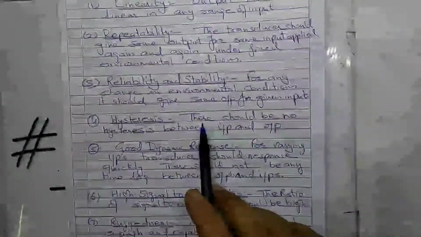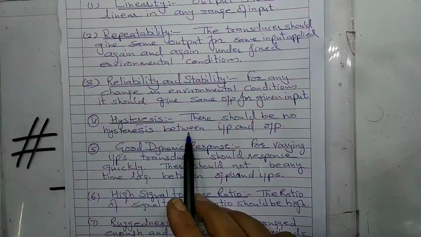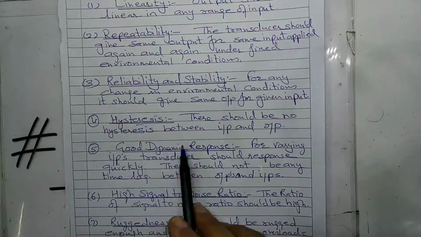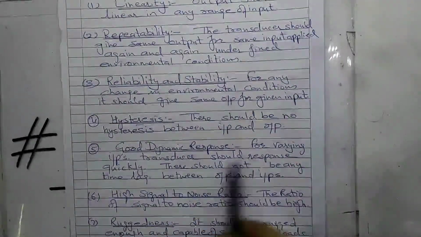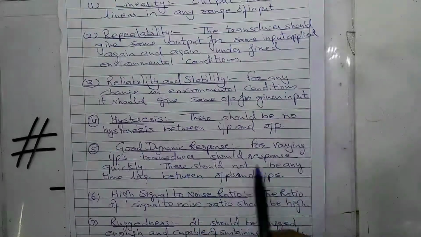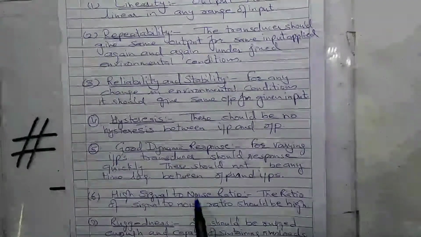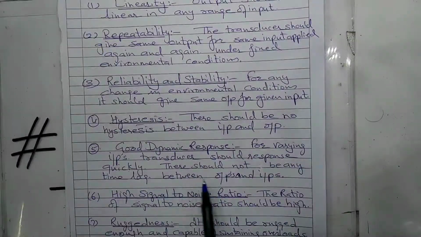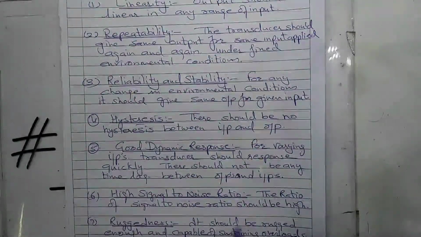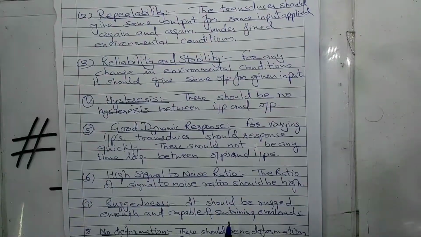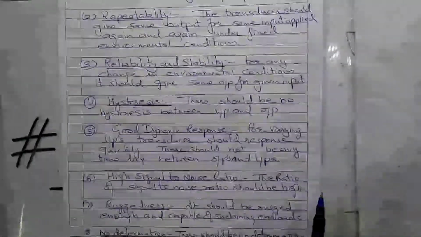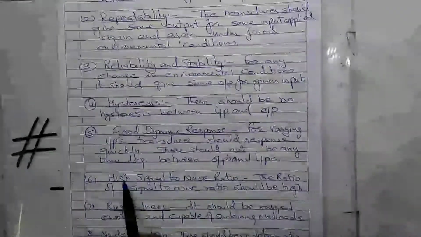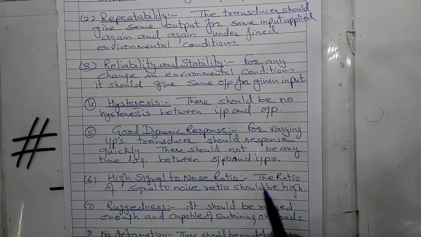Fourth, hysteresis. There should not be any hysteresis between the input and output. Fifth is good dynamic response. For varying inputs, transducer should respond quickly. There should not be any time lag between the output and the input. It should give immediate response, instantaneous response. Sixth, high signal to noise ratio.